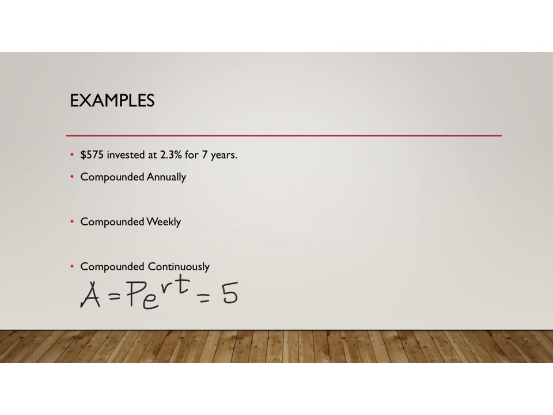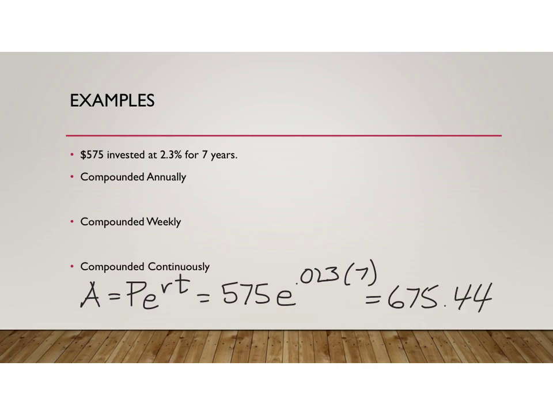So it'd be 575 times e to the 0.023 times 7 power, and that comes out to be $675.44.